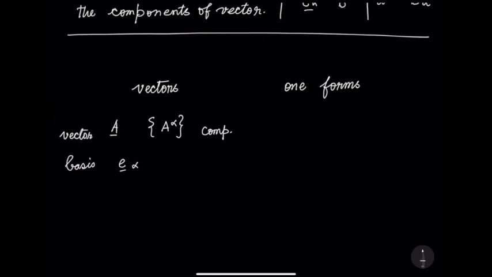Here I have 1 forms. So the 1 form you write like this. We were writing P, but now that we have understood that for each vector there is a corresponding 1 form, let us write it this way.